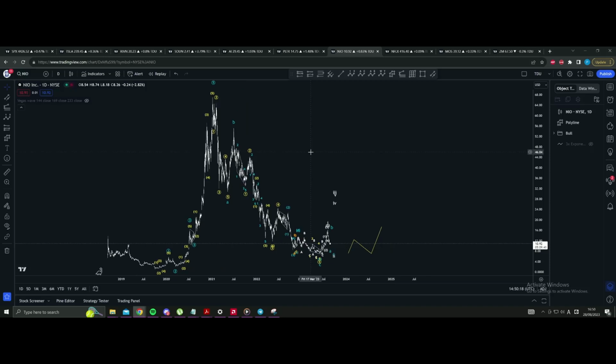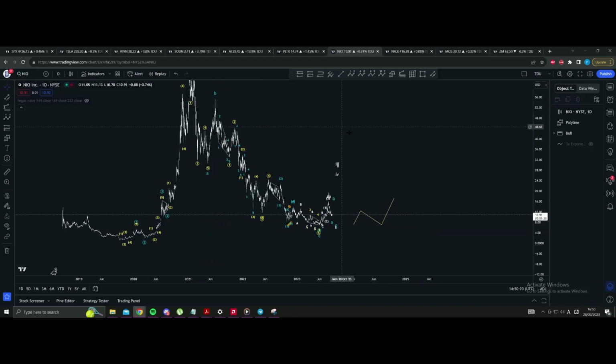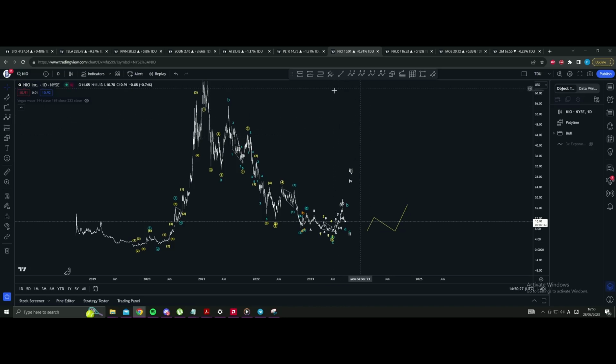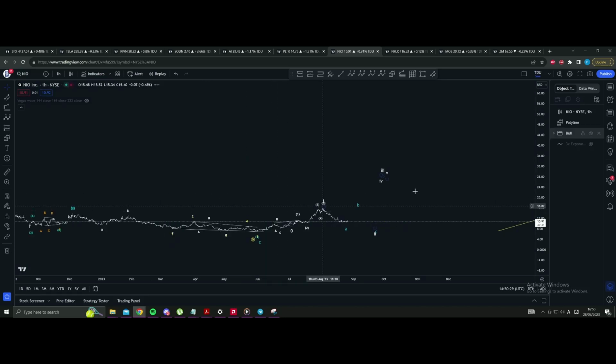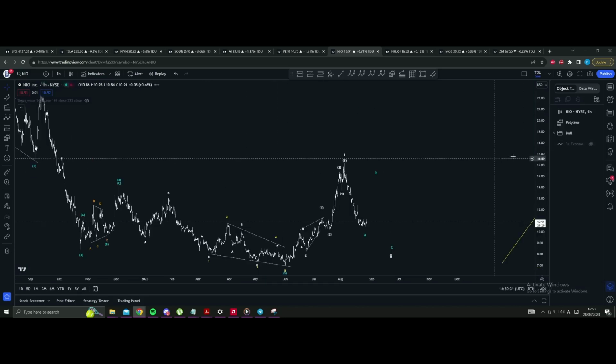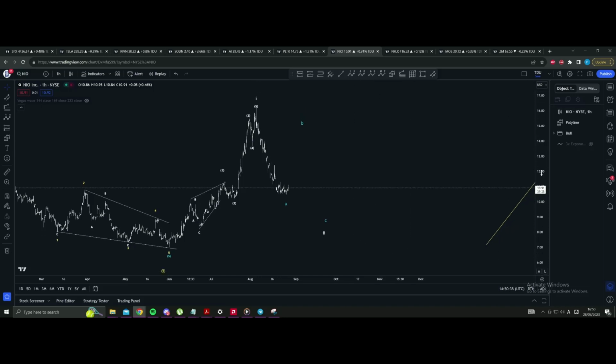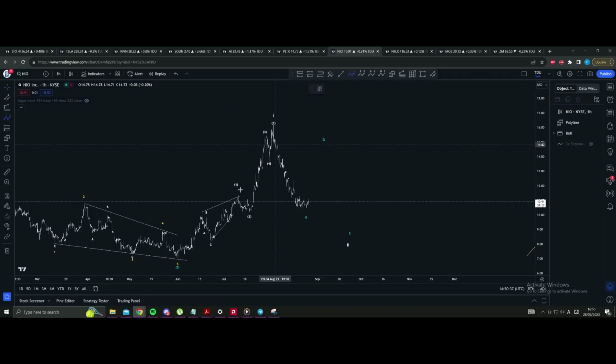So NIO as well, I try to check this over and over again to see if we can have a lower low. So let's keep it simple. This one, in the end, I labeled as a leading diagonal here.